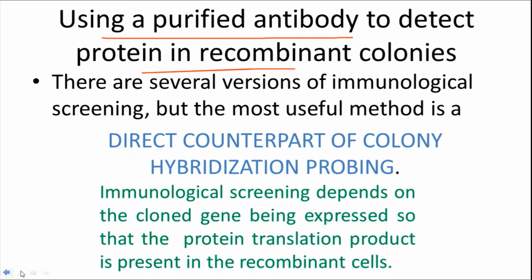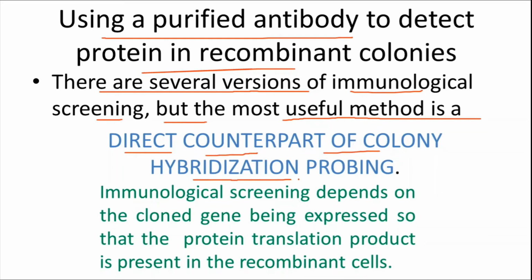There are several versions of immunological screening, but the most powerful method is the direct counterpart of colony hybridization probing. So this is one of the methods. Here probing means antibody.